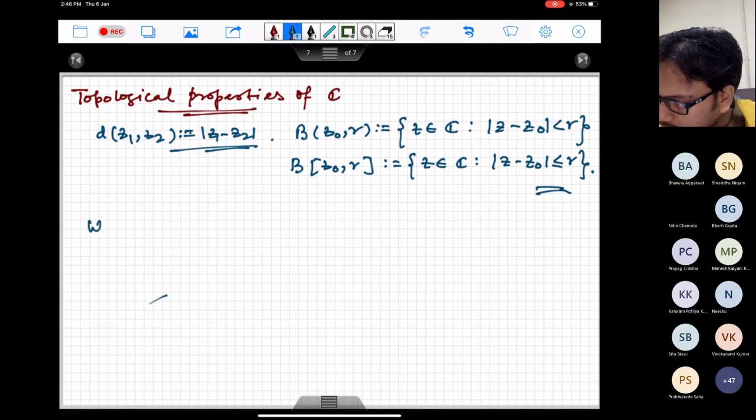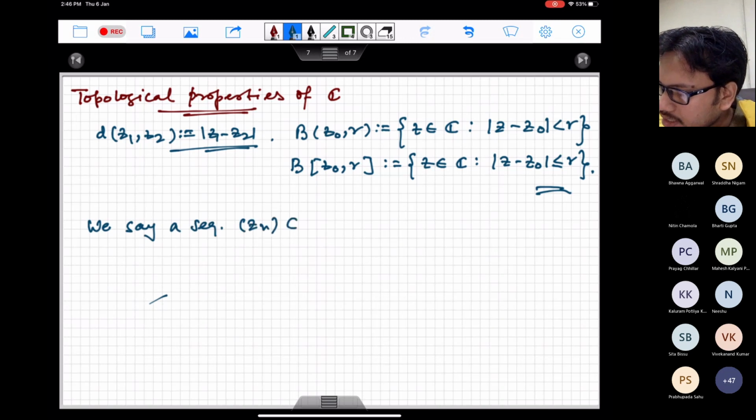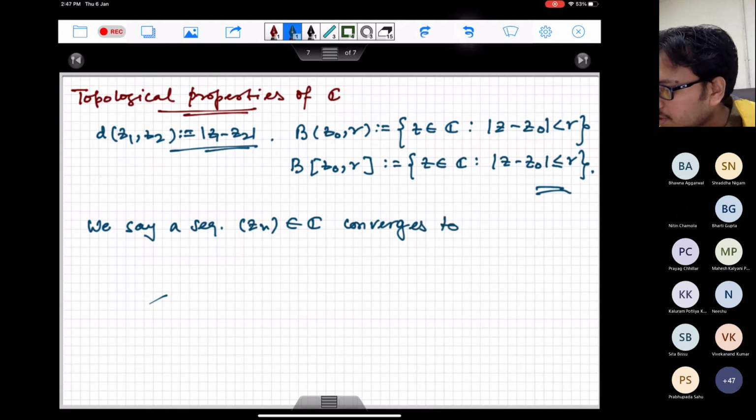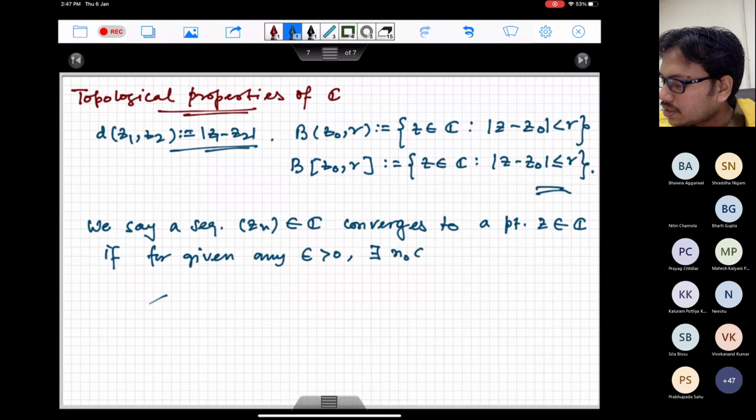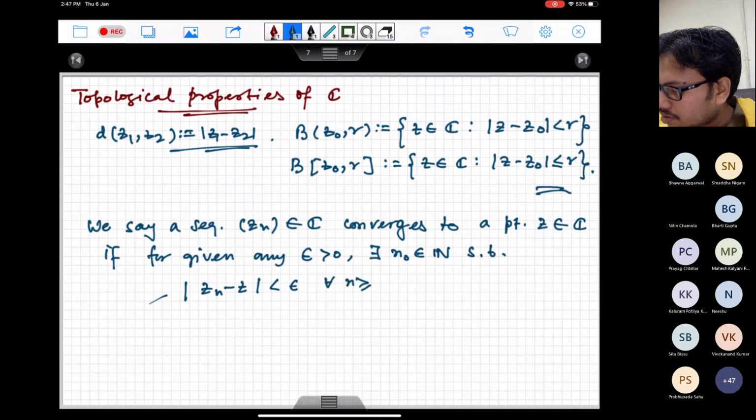We say a sequence z_n in C converges to a point z in C if, for any given epsilon positive, there exists n naught in the set of natural numbers such that mod of z_n minus z is less than epsilon for all n bigger than or equal to n naught.